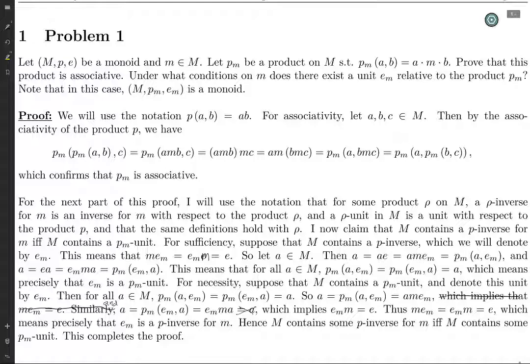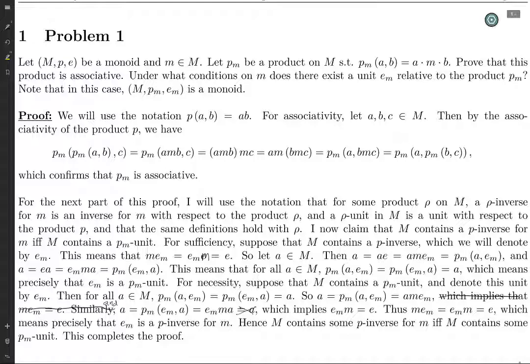Oh, I see. That's sort of the main issue here, is the flipping of the EM and the M. Okay, so hold on a minute. A equals PM AEM. So we know that M contains... Oh, okay, hold on. So wait.